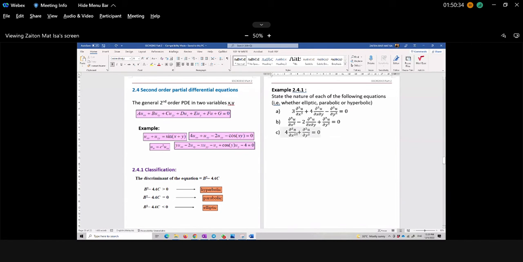Okay, could you please do C? Tak ada benda pun. Ni je. Kira B squared minus 4AC. Dia tengok nilai dia. Greater than 0, hyperbolic. Equals to 0, parabolic. Kalau less than 0, elliptic. Right, Sandro?